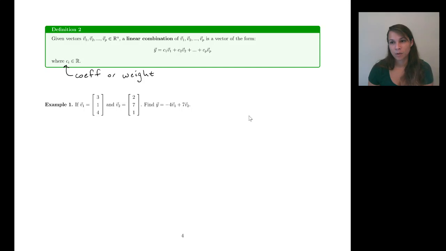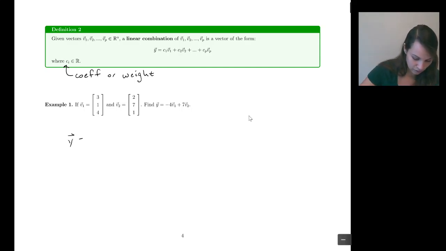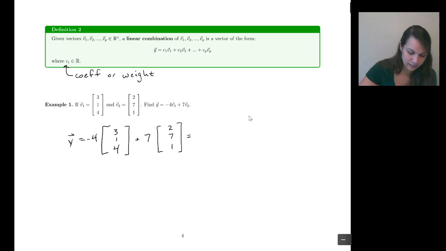So for our first example, we're going to calculate a linear combination just to get a little bit comfortable with dealing with vectors and stuff. So can we find y if y is equal to 4 times v1, negative 4, plus 7 times v2? I'm going to say yes. All we have to do is distribute that 4 to each component in our first vector.